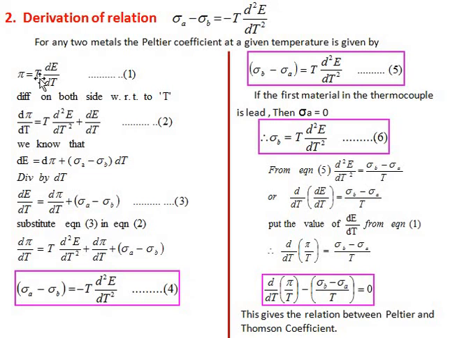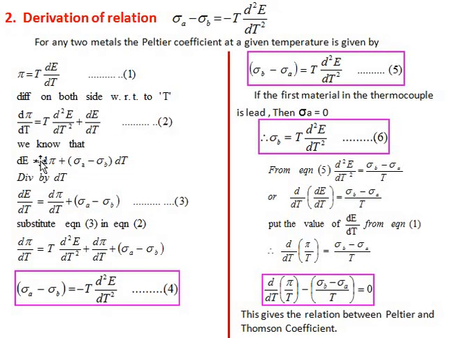Now differentiate this equation with respect to absolute temperature. So it becomes d pi by dt is equal to, using the product rule, keeping T constant, differentiate: T into d square E by dt square, plus, now keeping dE by dt constant, differentiate T with respect to T, it is 1 only. So call this equation number 2.